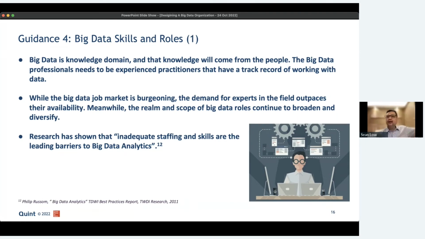Yes, there are a lot of people out there with the right skills, but what are these roles that need to be properly filled for big data to work out? I've listed in the presentation some of the most common important roles for big data. You can use this as a guidance when you're looking to hire and train your people for big data.